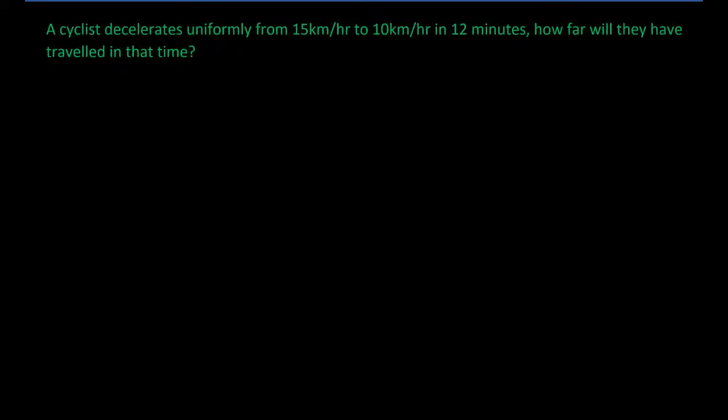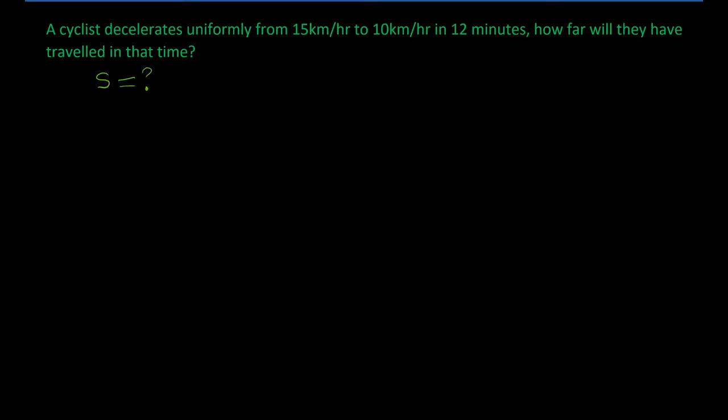In our second example, a cyclist decelerates uniformly from 15 kilometers per hour to 10 kilometers per hour in 12 minutes. How far have they travelled in that time? So what do we know? What do we want to find out? So we want to find how far. So the far will be the s.